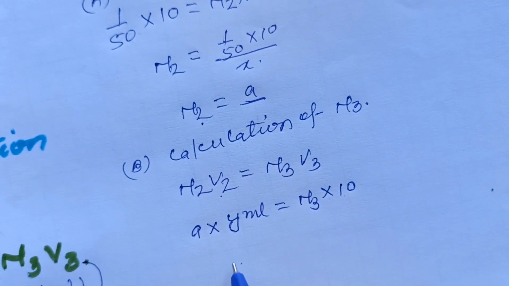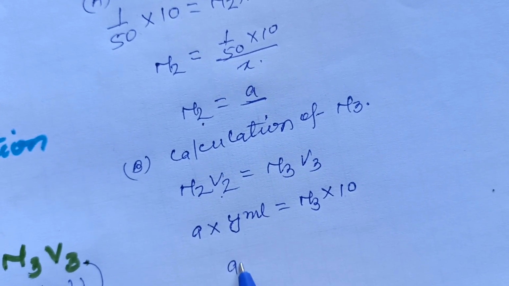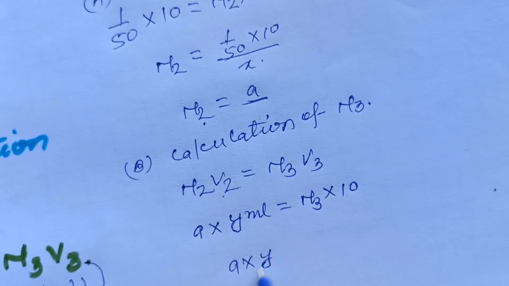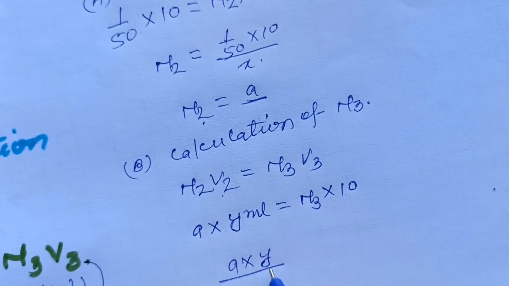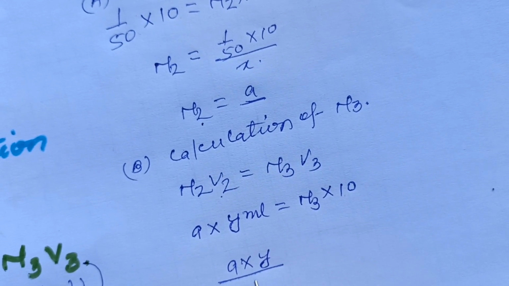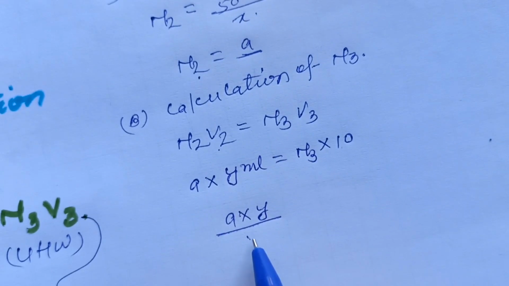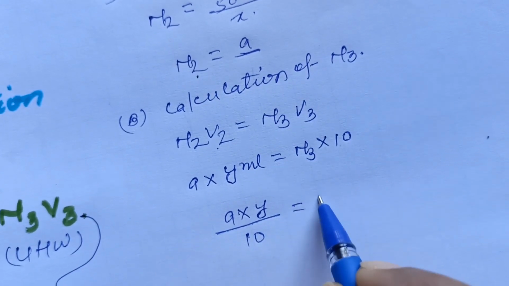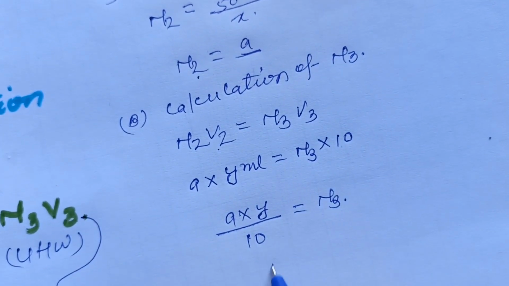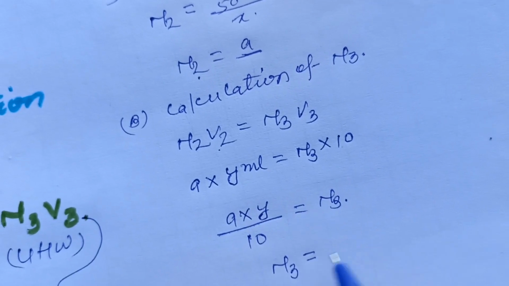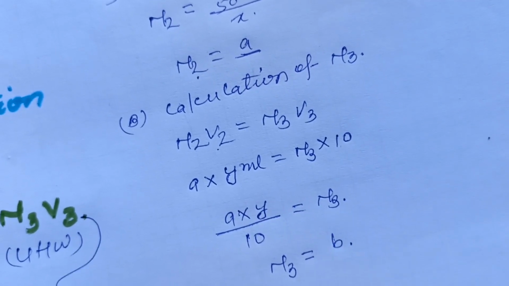So you can calculate A multiplied by Y divided by 10 equals N3. So you get N3, suppose, a certain value B.